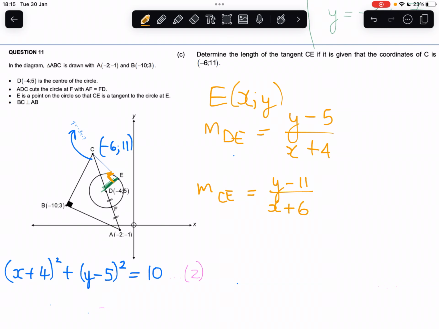And we know that the relationship between these is (y - 5)/(x + 4) times (y - 11)/(x + 6) is equal to -1.